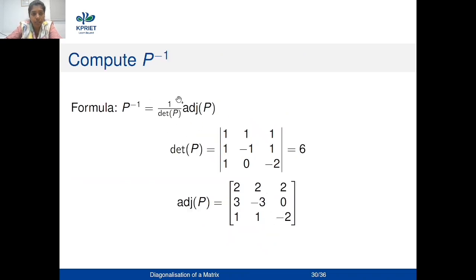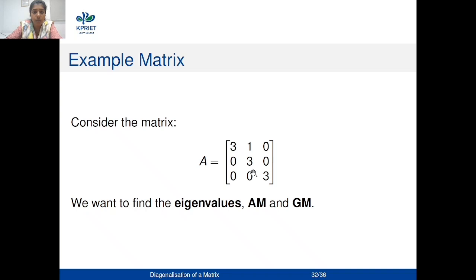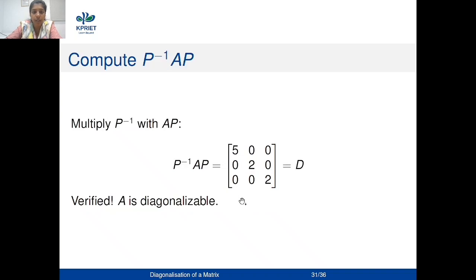So let us take the matrix P and find P inverse, and using this we can check this process. You can do this verification on your own. So for this problem, we can conclude that once the arithmetic and geometric multiplicity are equal for each and every eigenvalue, then the diagonalization process can be continued and this verification can also be done.